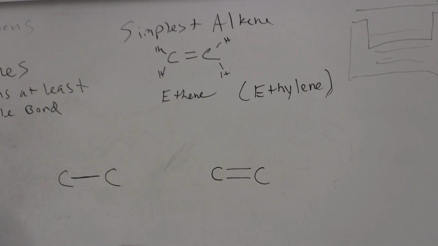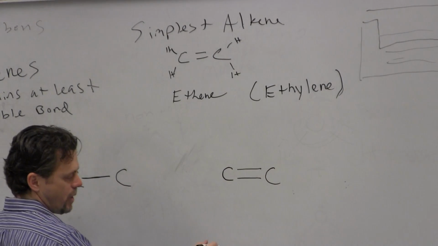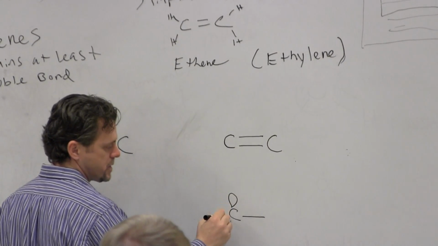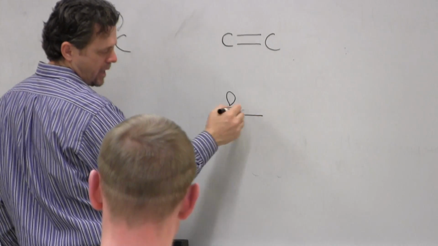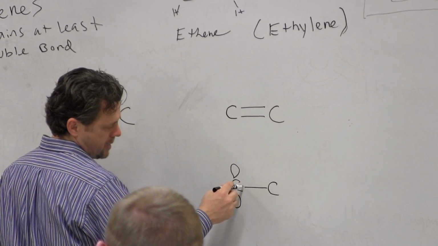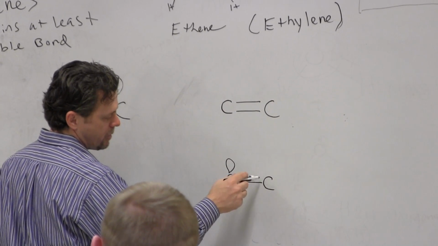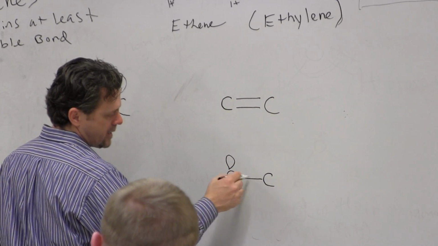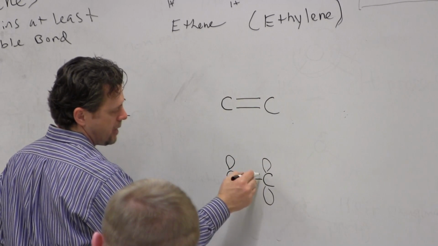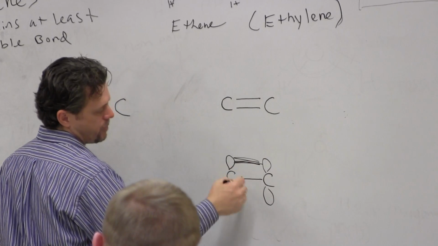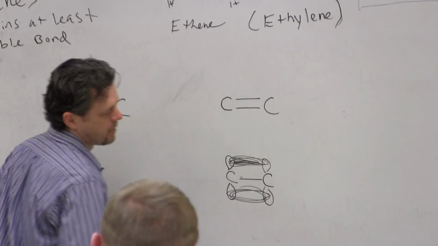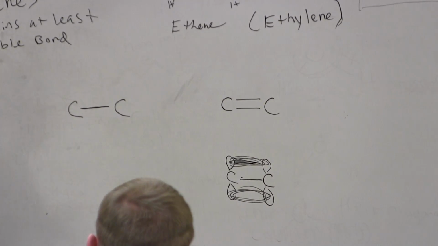When you have a double bond, the way it works is you have the sigma bond between these sp2 hybridized carbons, an sp2 orbital in the plane between the two carbons, and then the second bond is between the lobes of the p orbitals.